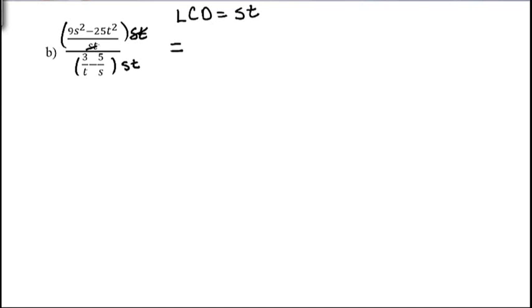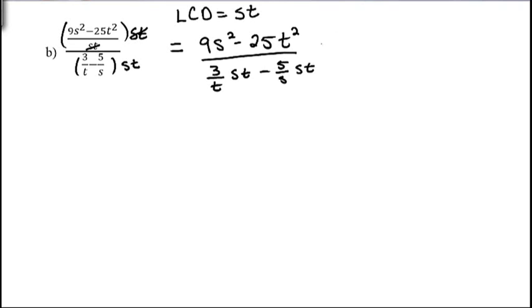So when we multiply this fraction by st, the st's cancel, and we're left with 9s squared minus 25t squared. And in the denominator, we have to multiply the 3 over t by st, and also the 5 over s by st. I'm also going to notice that in the numerator I have 9s squared, which is a perfect square. 3s times 3s is 9s squared, and also 25t squared is 5t times 5t.